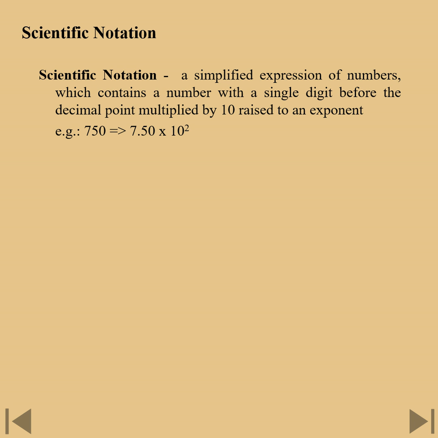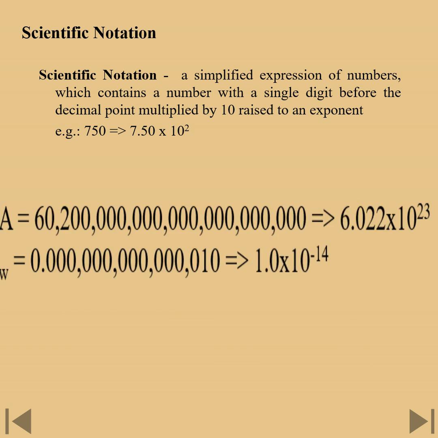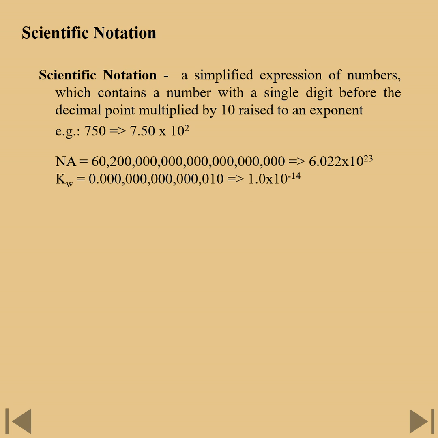Now imagine you've already been introduced to exponential notation, so you probably have seen this before. 750 can be written as 7.50 times 10 to the second power. 10 to the second power is 100. 7.50 times 100 is 750.